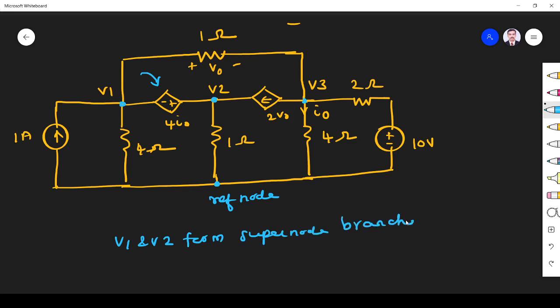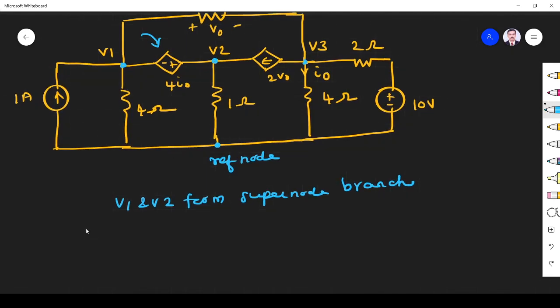Okay, so now we will see what the supernode of V1 and V2 is. At the supernode, what will happen? At supernode V1, we have to apply KCL first for the individual nodes. Here in this branch, V1 by 4, and in this branch V2 plus V2 by 1.